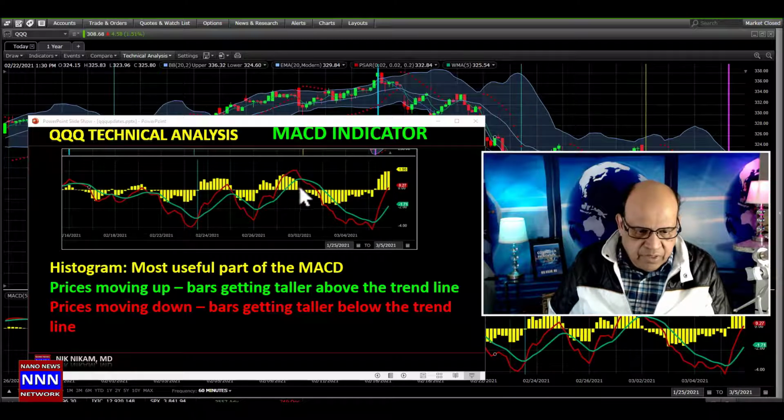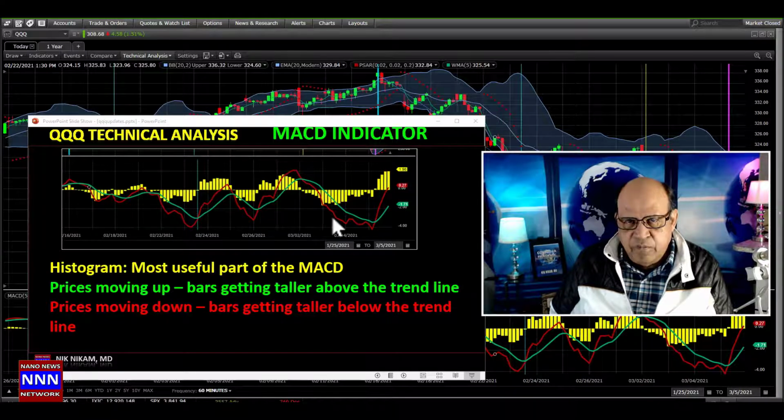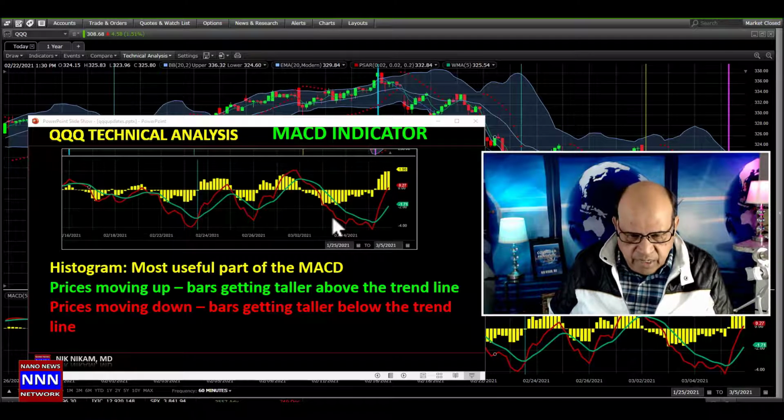They're going up. The prices moving down produce bars which also have increasing heights based on the movement of the stock prices below the trend line, that is in a negative market, as all the averages are moving down, and the difference between these two averages is getting bigger and bigger before it eventually plateaus and then begins to decrease.